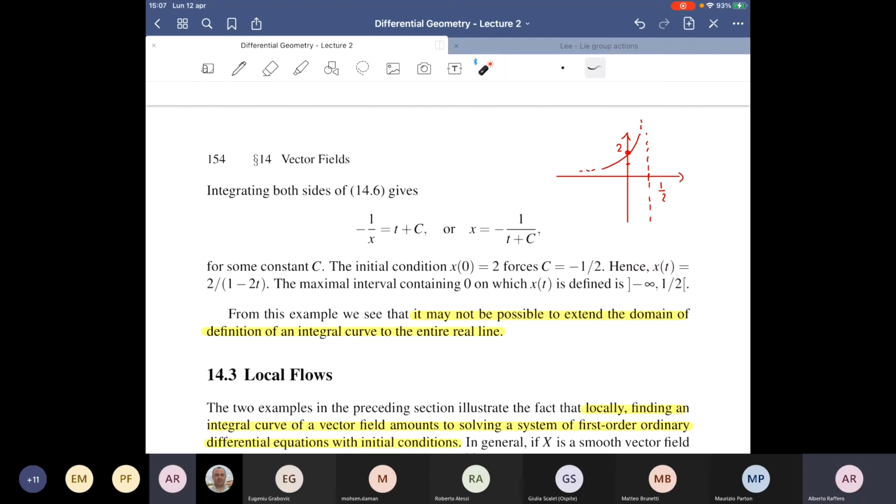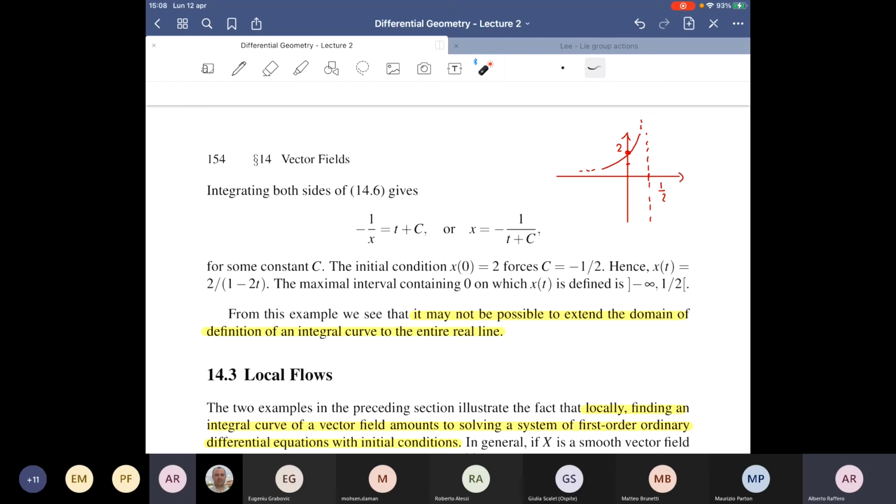So at the end of the day, what we have seen from these two examples is that sometimes you may obtain a solution of the flow, so a solution of an integral curve, that is defined for every real time and that has some nice properties because you can treat it using the language of groups, for instance.